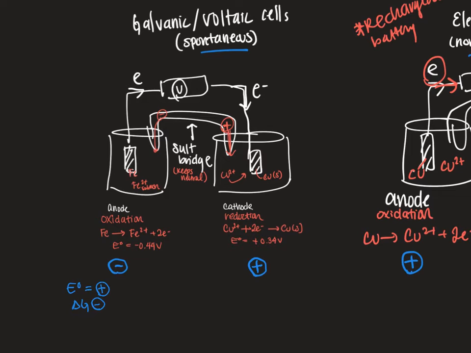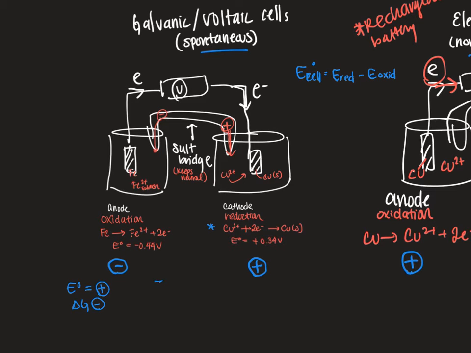So E of the cell is equal to E happening at the reduction minus E happening at the anode, whatever's being oxidized. So I would recommend you start with your table of half reactions, look at your E red minus your E ox. E of the reduction in this case is going to be this guy right here.